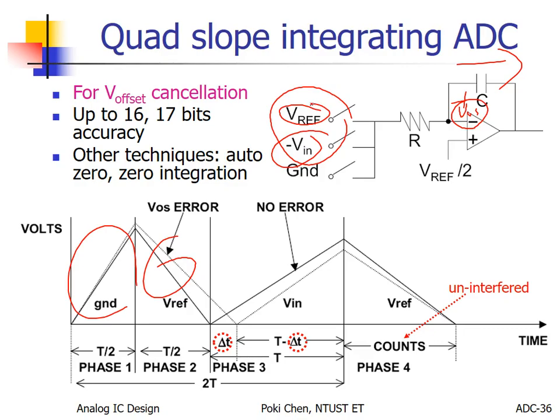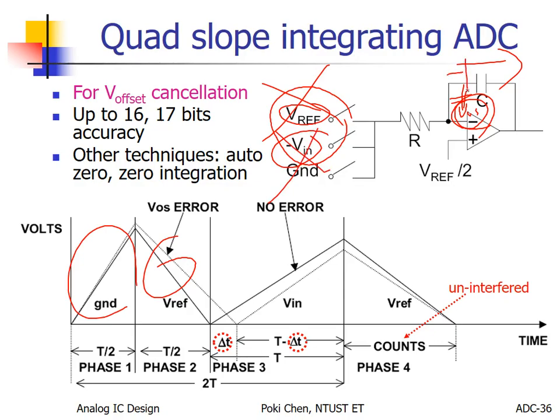Very similar to dual slope. But there is the second impact from VOS. If it is positive here, I don't care whether you are discharging or charging.